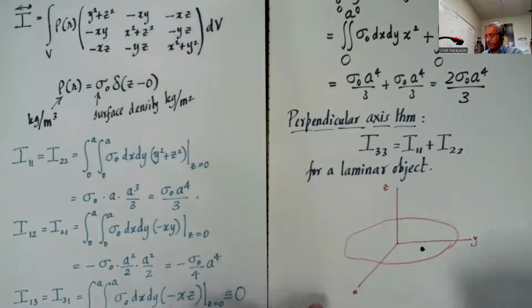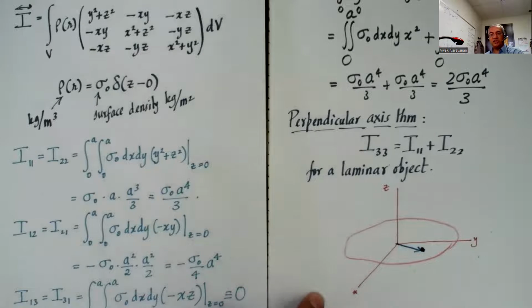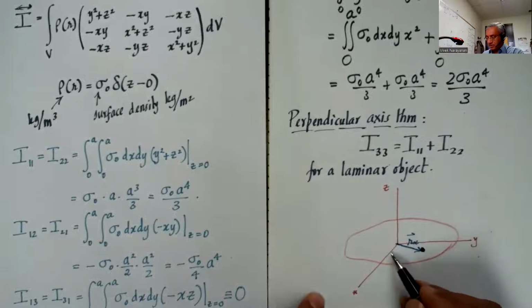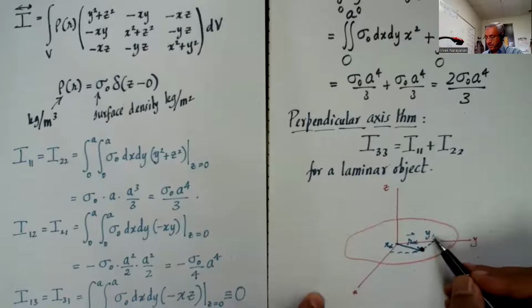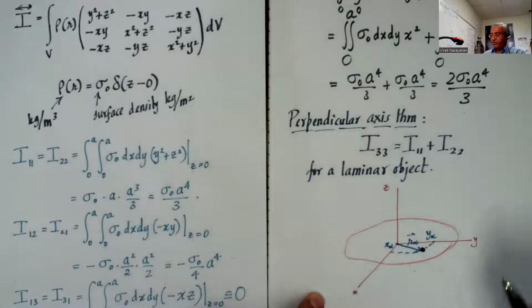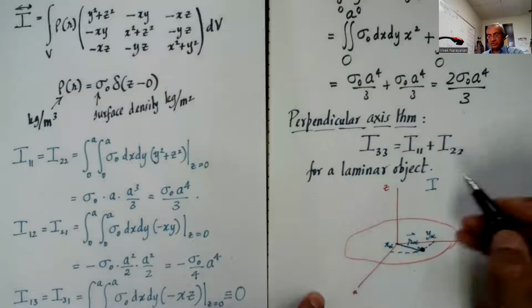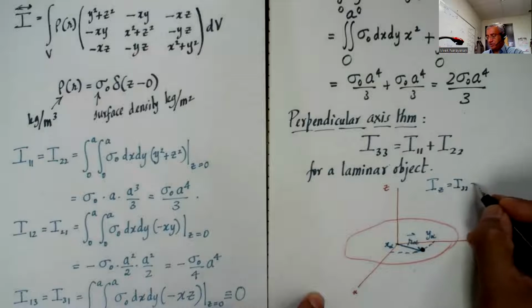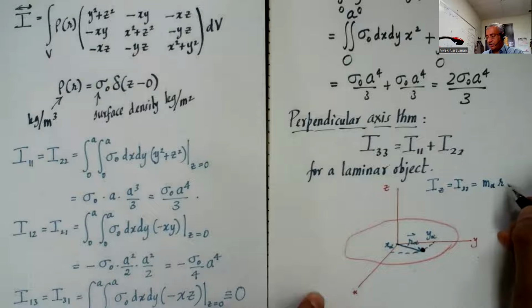Well, that mass point is going to be located at distance, which I'll call r alpha. The projection along the x-axis is going to be x alpha, and the projection along the y-axis is going to be y alpha. So the moment of inertia about the z-axis, which is I33, is going to be the sum of all m alpha r alpha squared.